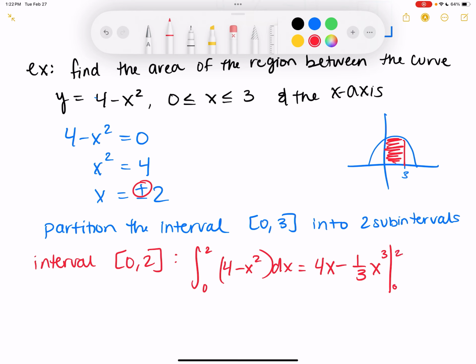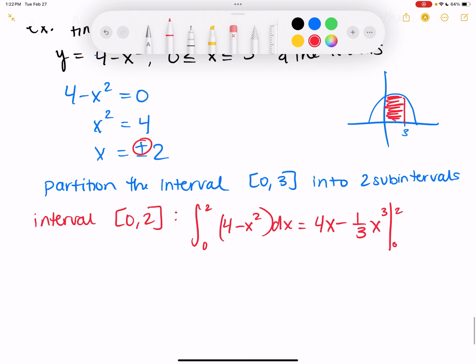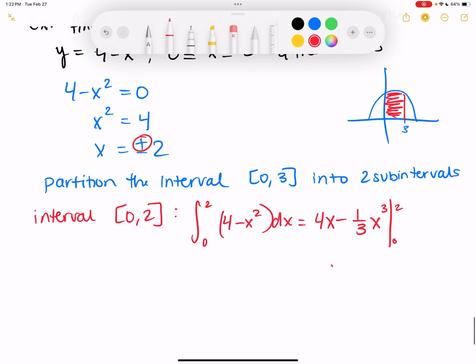So that's going to be 8 minus 8 over 3, which would be 24 over 3 minus 8 over 3, which is 16 over 3. I'm going to circle that so I don't lose it. That's part 1 of the area.